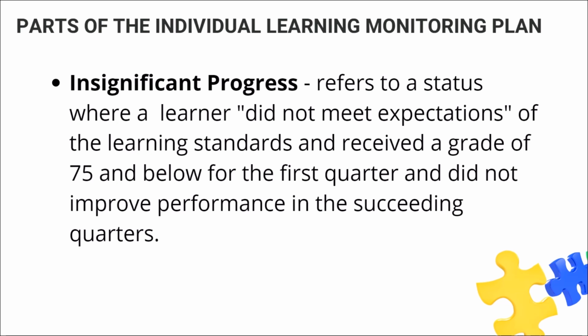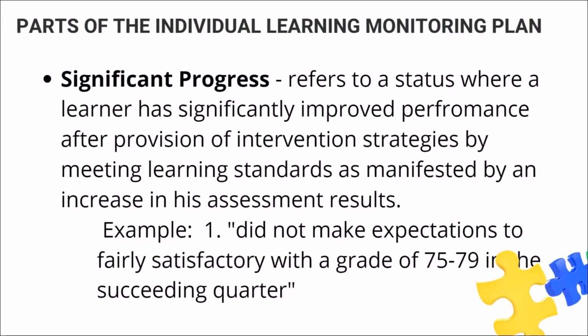So if the child still has a failing grade in his summative or formative assessment, you can check insignificant progress. Okay, and then we have significant progress. It refers to a status where a learner has significantly improved performance after the provision of intervention. So after you have provided intervention strategies, the learner already meets the minimum learning standards as manifested by the increase of his or her assessment results.